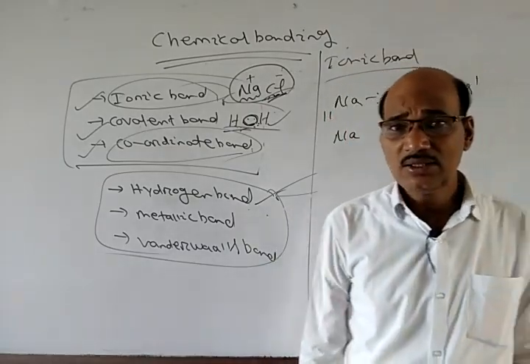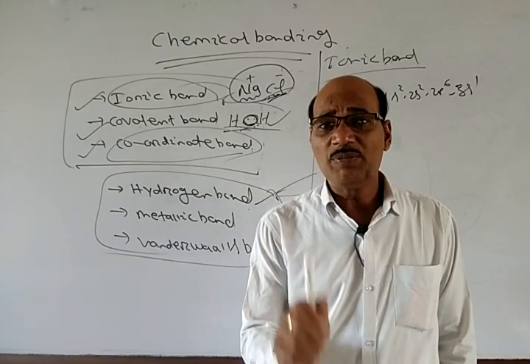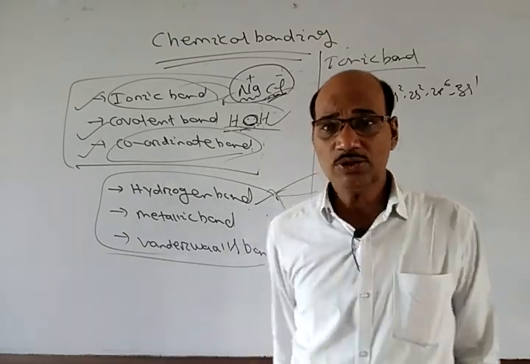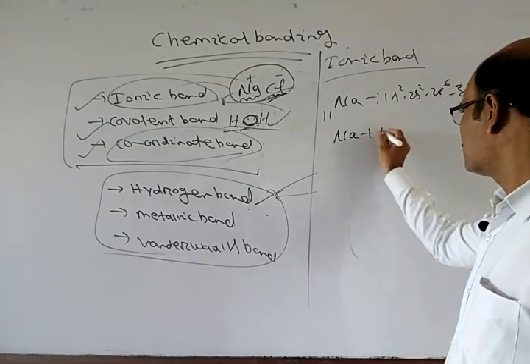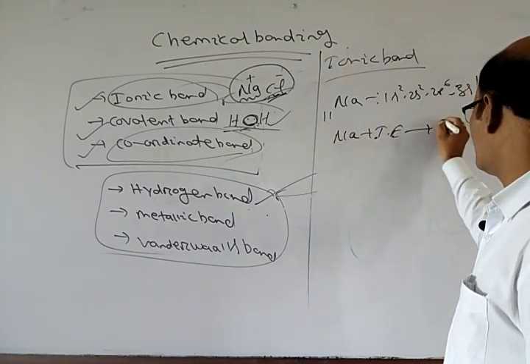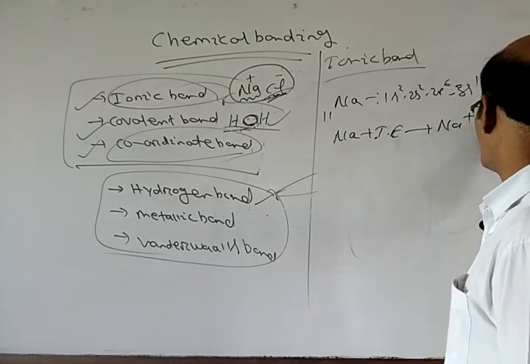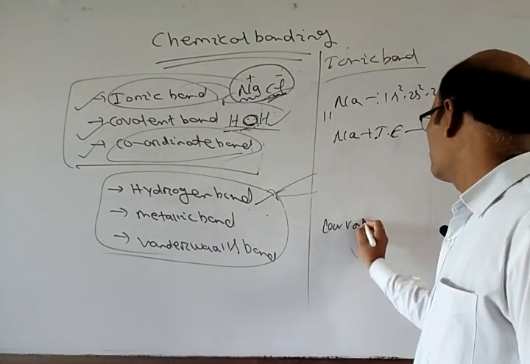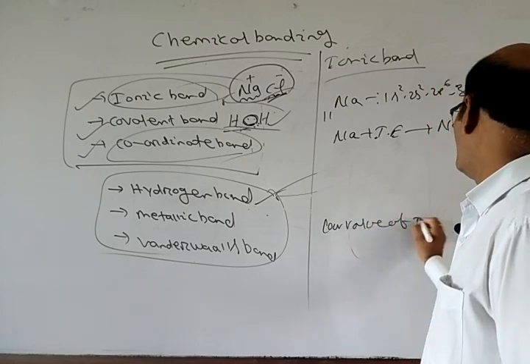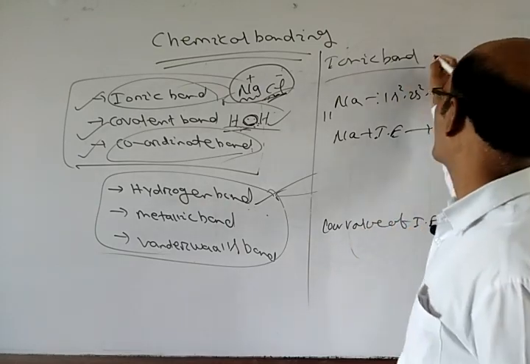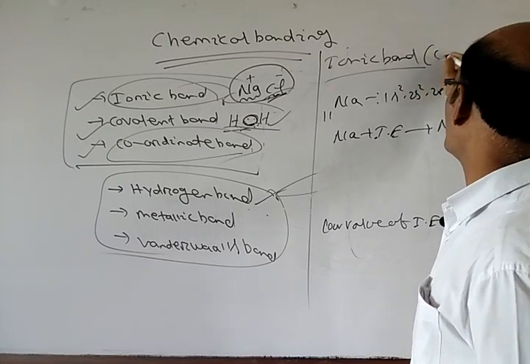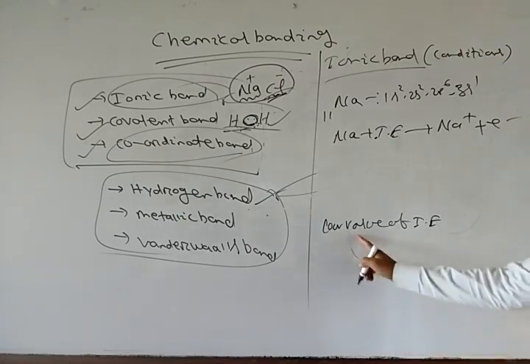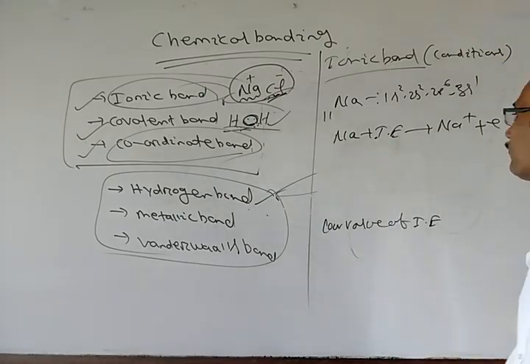The metal must have a low value of ionization energy so that it can lose the electron easily. Okay, so Na plus ionization energy gives Na plus plus electron. So we can write: ionic bond conditions, low value of ionization energy.